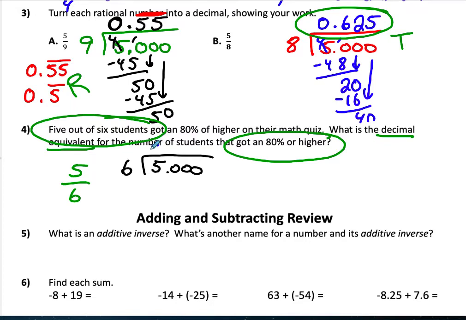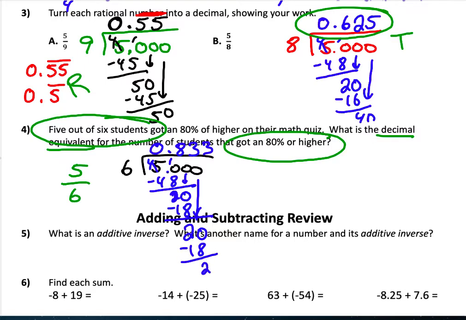6 goes into 5 0 times. So instead of 5, I'm going to look at 50. 6 goes into 50 8 times, which is 48. Subtract, I get a 2, and I bring down my 0. 6 goes into 20 3 times, which is 18. Subtract, and I get a 2, and I bring down another 0. 6 goes into 20 3 times again, which is 18.